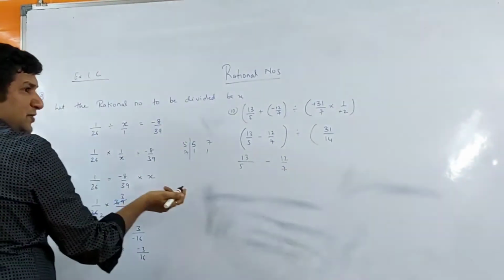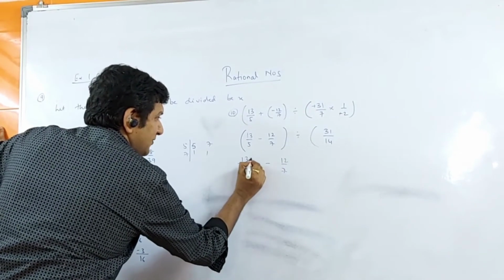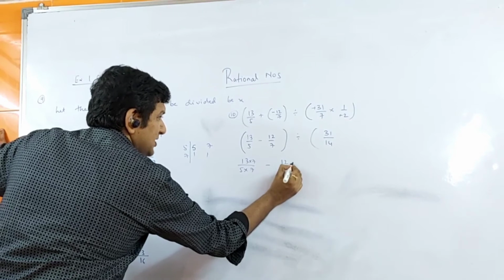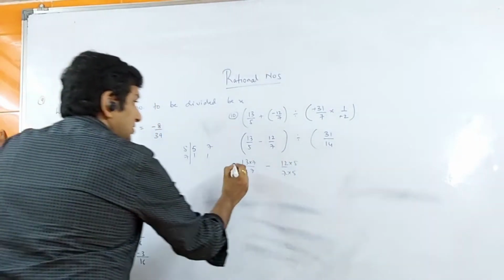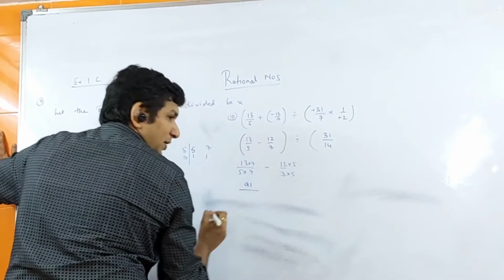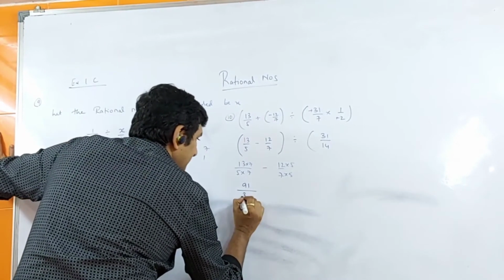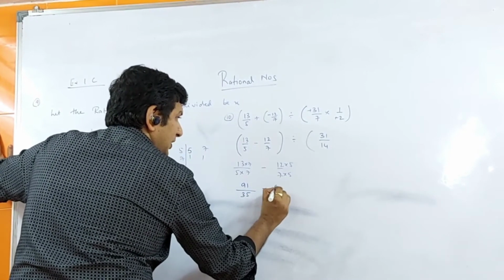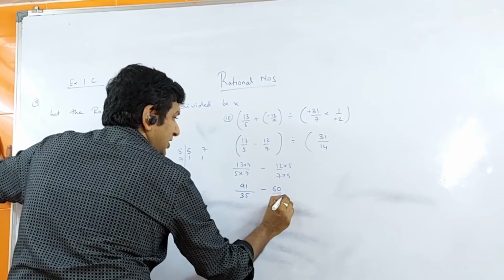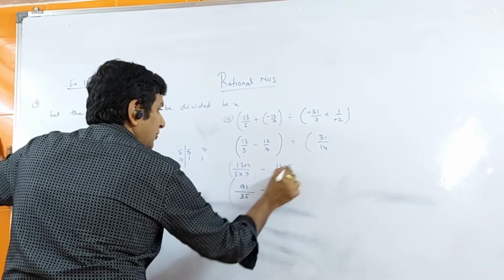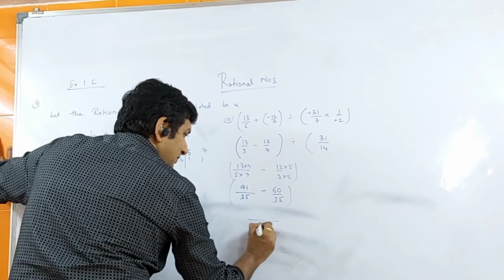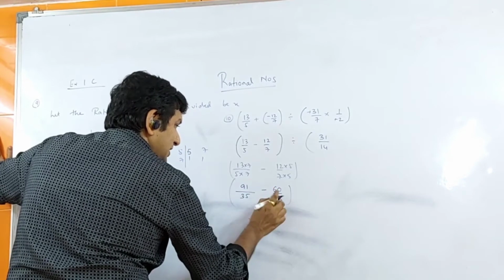For 13 upon 5 and 12 upon 7, the LCM of 7 and 5 is 35. 5 7s are 35, and 7 5s are 35. 13 7s are 91. 5 7s are 35. 12 5s are 60 and again 35. So I am solving the first bracket only, and the LCM now is 35. 91 minus 60 is 31.